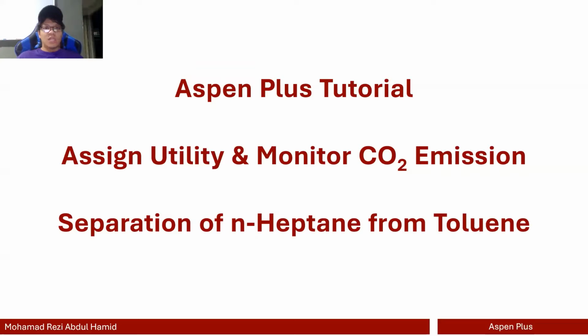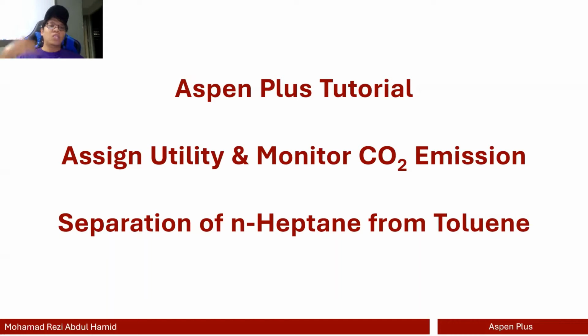To be honest, this video will be quite quick, quite short, because there's not much to talk about. Carbon dioxide tracking, if you will, is basically a new feature of Aspen Plus, but it is located under the utility tab or utility input box.